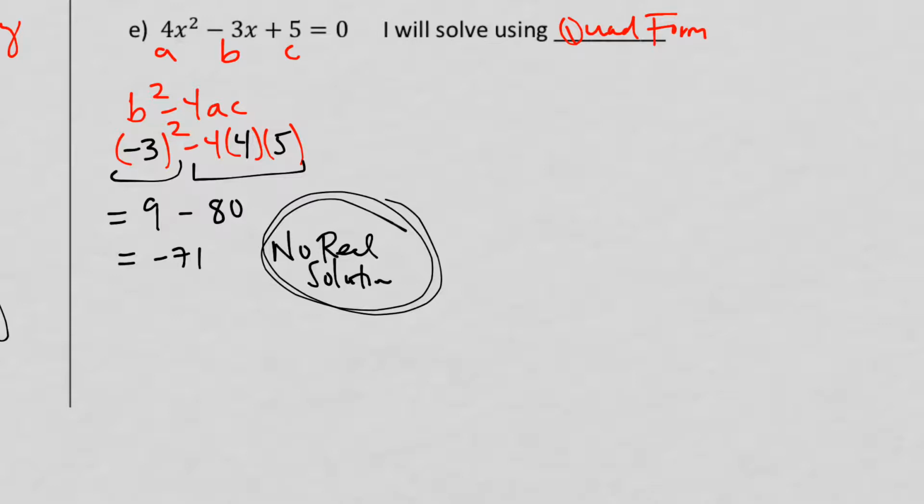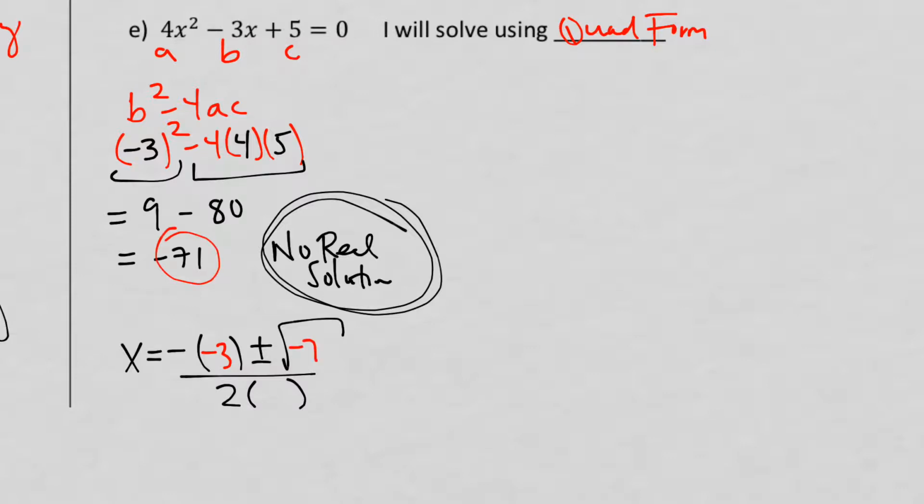However, if you wanted to take it a little bit further, we could still keep going, knowing that we have complex solutions. Just to practice that, I could take the quadratic formula: x equals negative b plus or minus the square root of the discriminant all over 2a. Here, x equals negative b. Remember, b is negative 3 in the beginning. The discriminant we found to be negative 71, all over 2a.